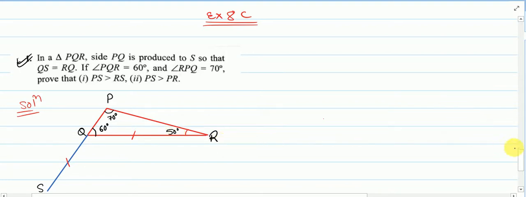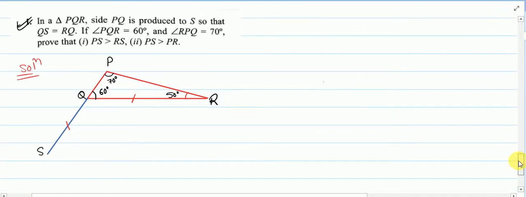Okay, what they want us to do is they want us to prove PS is greater than RS. So here we don't see RS anywhere, so we have to join R and S. Okay, so let me join R and S.